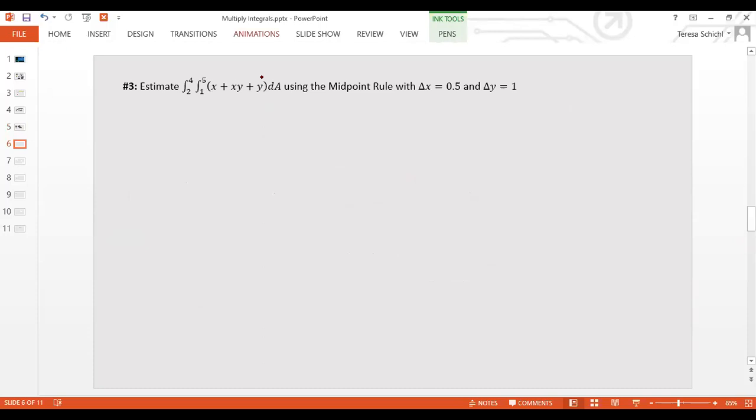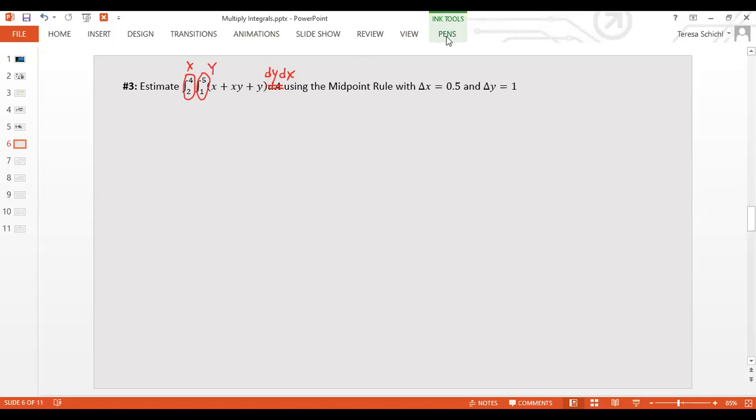Here it means I'm doing the dy first and then the dx, so this region is the value of y and this region is the value of x. You might want to change this to dy dx.